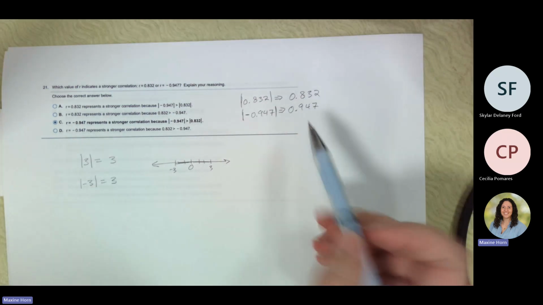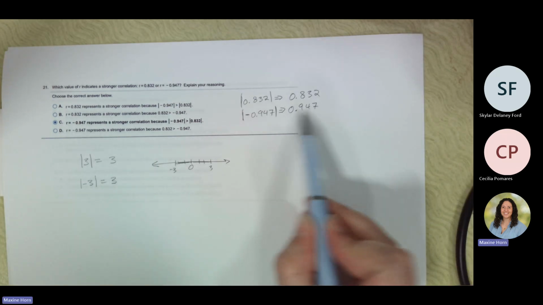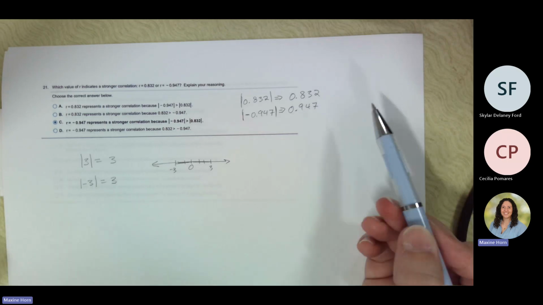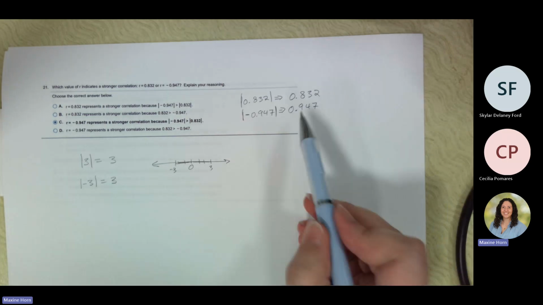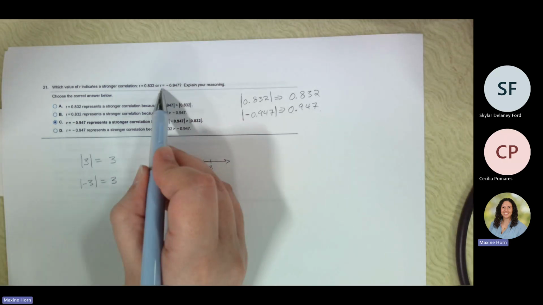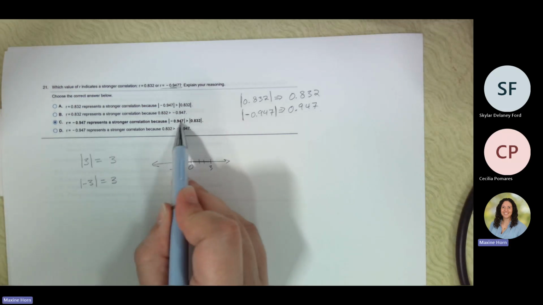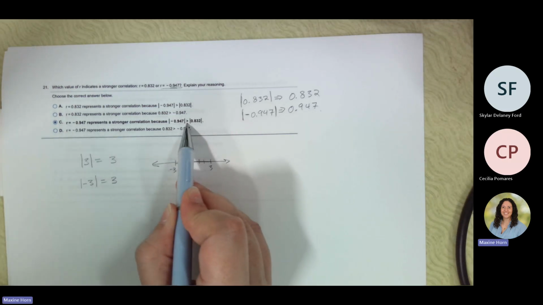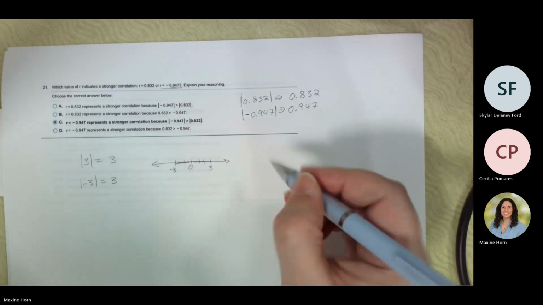0.947. So which one of these is closer to 1? This one is closer to 1, so it has a stronger correlation. They didn't ask about negative or positive correlation. They just wanted which one has a stronger correlation. This has a stronger correlation because the absolute value of it is closer to 1 than the other number, right?